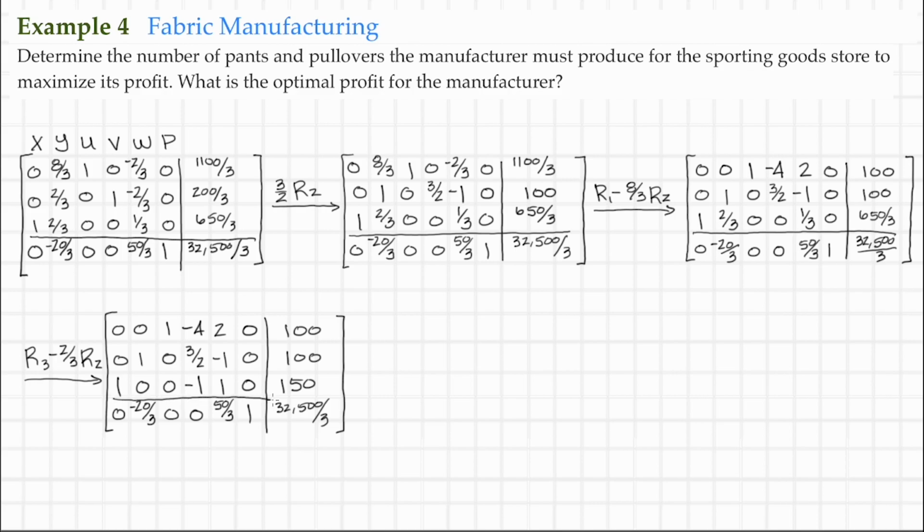Carefully put in our horizontal bar. And finally, we have this last element here. So then we could do row 4 plus 20/3 of row 2.